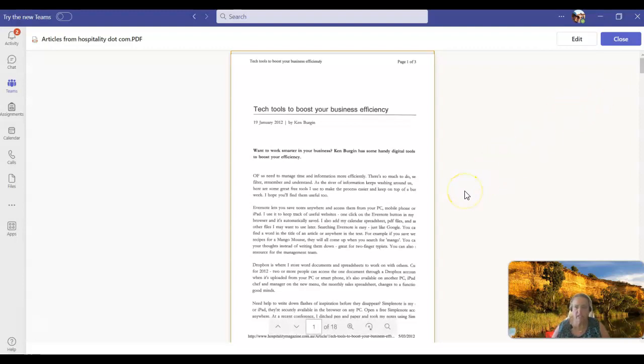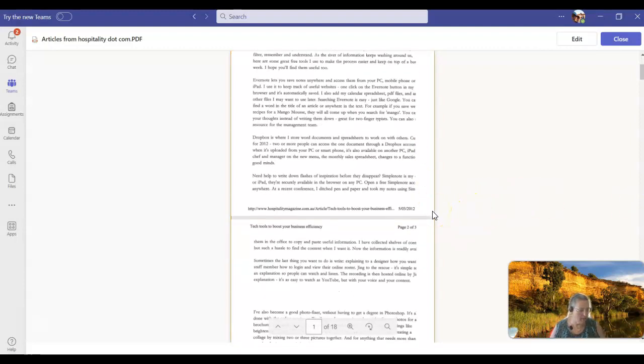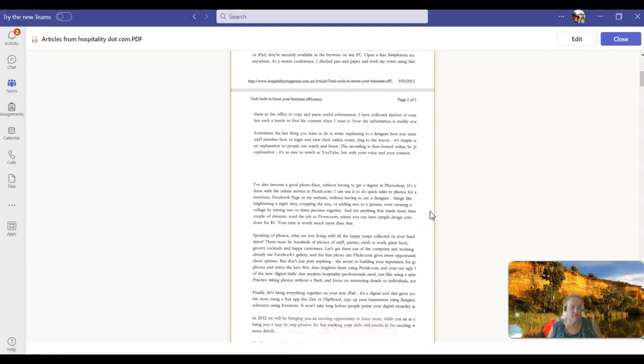So we want to look specifically at the food and hospitality industry. This first article here talks a little bit about how you can use digital tools to boost the efficiency of your business. So there might be some supportive material in here with regards to hospitality.